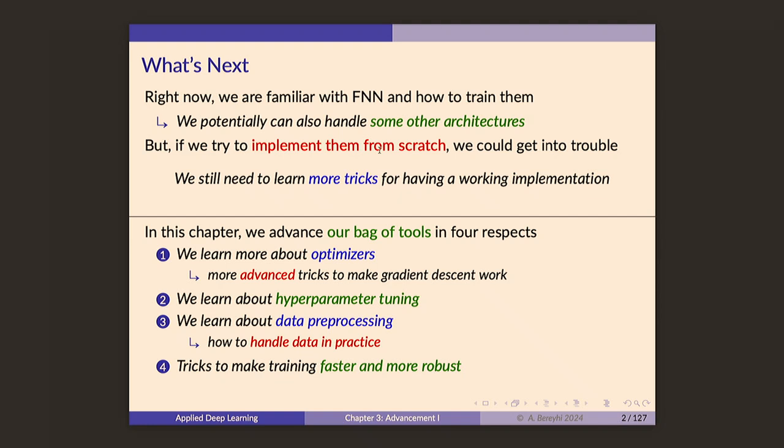Then once we are over with that, we also want to learn how we can do hyperparameter tuning, because I told you up to this point that we are not talking about how we choose the hyperparameters, but at some point we need to learn it, right? So we are going to talk about that one as well. And then there is one tiny section of the course where we go over the idea of data.